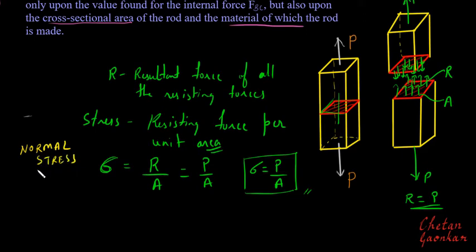So normal stresses are those stresses in which the resisting forces are perpendicular to the cross sectional area. In that case, this kind of stress will be called normal stress. All right, now let me again remind you that this resultant force we have obtained by assuming that the stresses acting here are the average stresses.